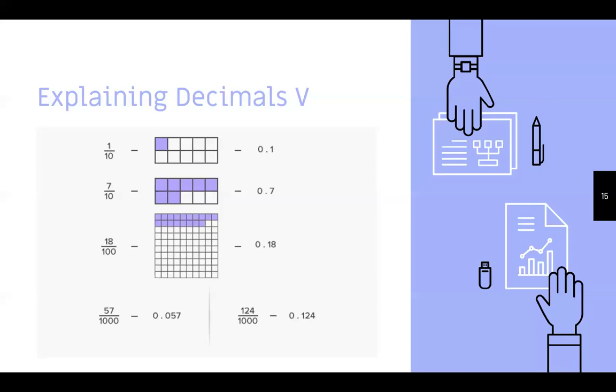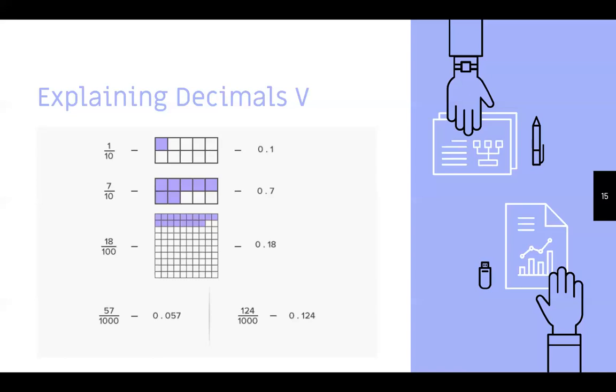Same concept goes for the 100ths. The 100ths do get more complex. The further out you go from the decimal point, the more complex it will be, and the smaller the number will be. That's why it becomes a little more complex.